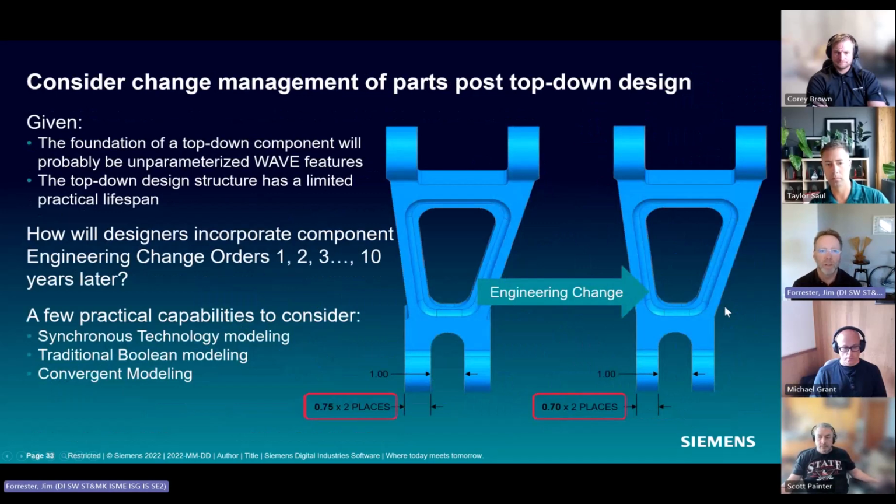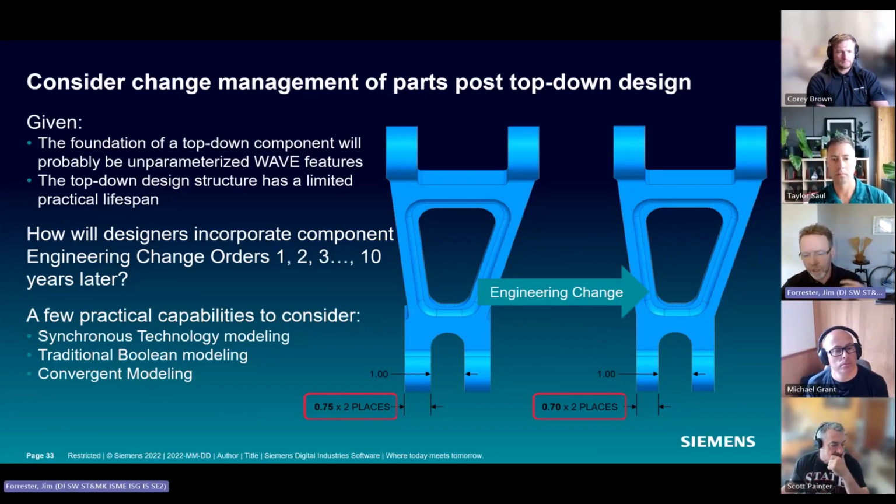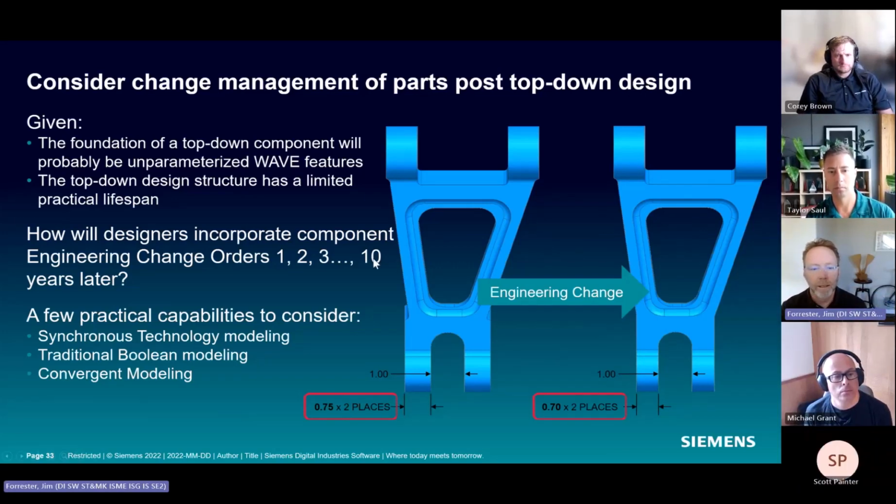Consider change management of parts post top-down design. In other words, remember, the primary geometry coming into these components is not owned by that component. So how are you going to manage change on a change request basis, maybe 1 year, 2 years, 10 years down the way, when that top-down structure is long faded into the distant past?